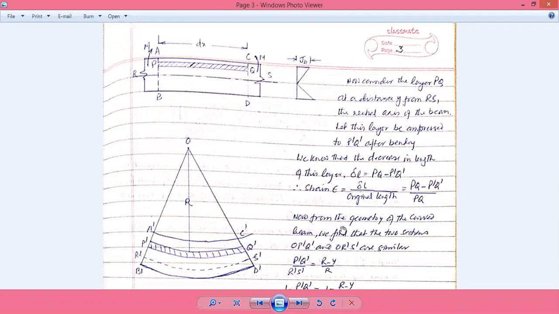Now, from the geometry of the curved beam, we know that in the two sections, O P dash Q dash and O R dash S dash, P dash Q dash divided by R dash S dash is the distance R minus y, because this distance of PQ is equal to y from the neutral axis. So R minus y, and the radius of R dash S dash is equal to R itself.